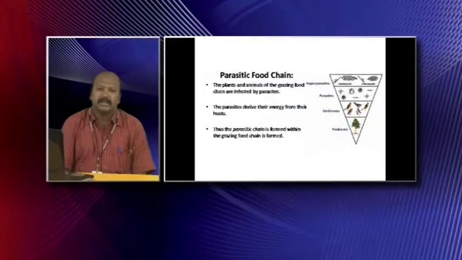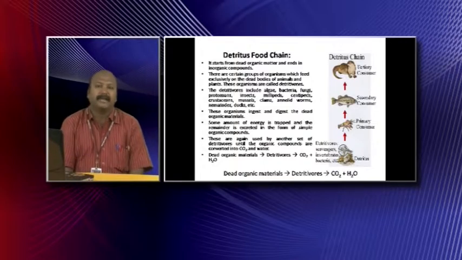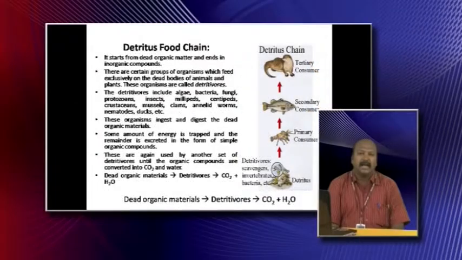And then the second type, the detritus food chain. Here, the detritus food chain starts from dead organic matter and ends in inorganic compounds. In the detritus food chain, there are certain groups of organisms which feed exclusively on dead bodies of animals and plants. These organisms are called detritivores.